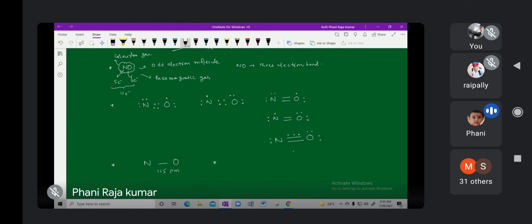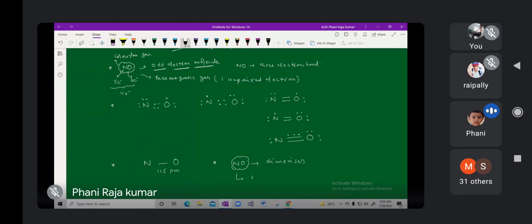Now because this is an odd electron molecule, a paramagnetic gas, in the bracket with one unpaired electron. Because of that unpaired electron, this NO, nitric oxide, dimerizes. It can dimerize.